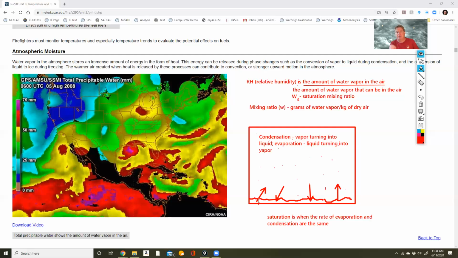So write this down: the warmer the temperature, the more water vapor that can be in the air. So temperature goes up, the amount of vapor that can be there goes up also. Which means warmer temperatures can have more water vapor in the air.